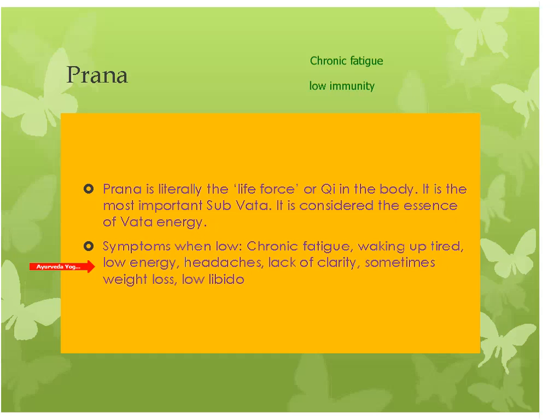They might get migraine headaches and tension headaches, lack of clarity, sometimes weight loss, low libido. Usually when a person has ama, these symptoms will also come. But with ama, it's also possible there's a lot of constipation. So with lack of prana, it's not necessarily constipation, but with ama, there's definitely constipation.